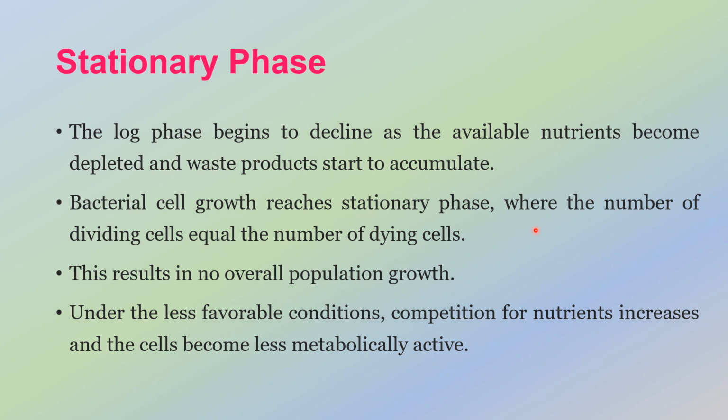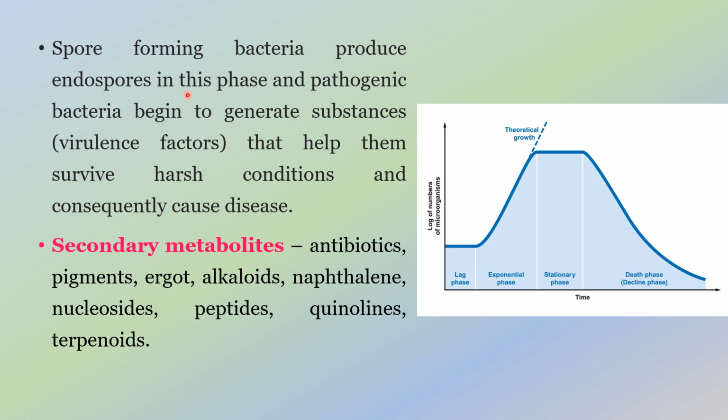Under less favorable conditions, competition of microorganisms for nutrient uptake increases and the cells become less metabolically active. Spore-forming bacteria produce endospores in this phase, and pathogenic bacteria begin to generate toxic substances that help them survive under harsh conditions and consequently cause disease. In the stationary phase, bacteria can produce secondary metabolites like antibiotics, pigments, ergot alkaloids, naphthalene, nucleosides, peptides, quinolines, and terpenoids.